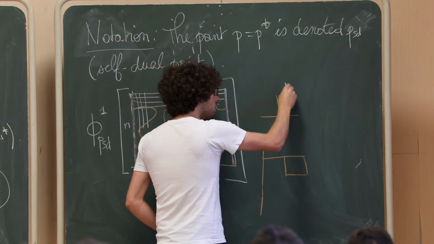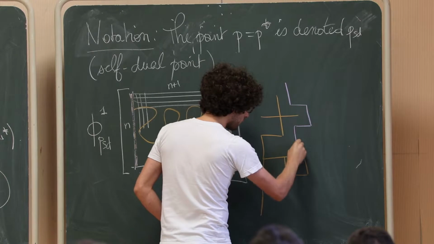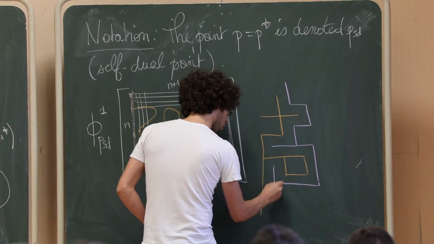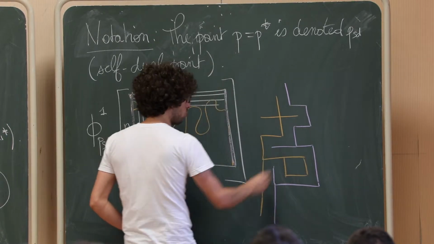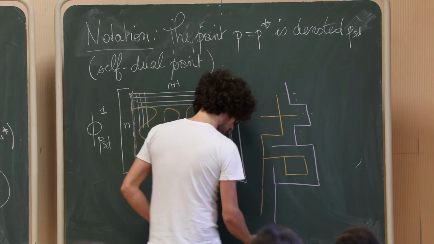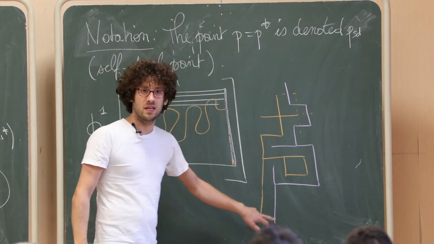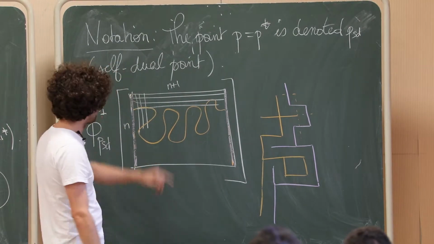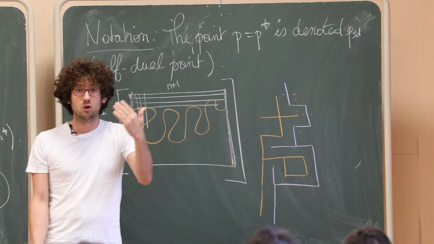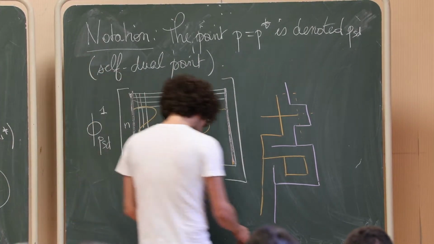And in the dual, there will necessarily be a path of open edges, because they correspond to closed edges for my primal configuration. There will be a path of open edges in the dual configuration going from the top of the dual graph to the bottom of the dual graph.